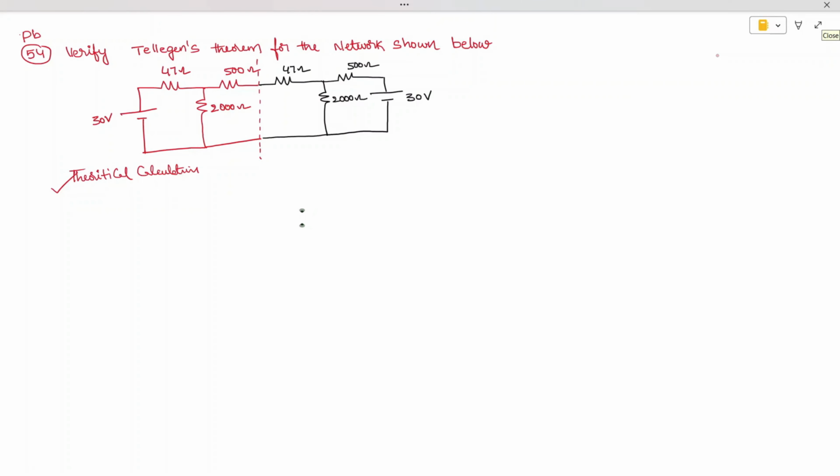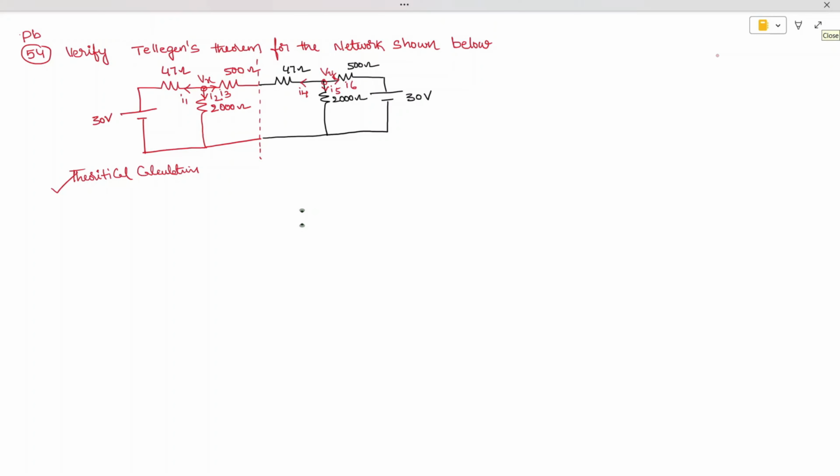See here, I want to find out the current in all the branches: 47, 2000, 547, 2000 and 500. So I am assuming this as a node Vx and this as a node Vy. To understand this theorem well, I'm going to apply nodal analysis. I'm assuming the current in this branch as I1, in this branch as I2, in this branch as I3, and here the current in this branch as I4, in this branch as I5, and in this branch as I6.